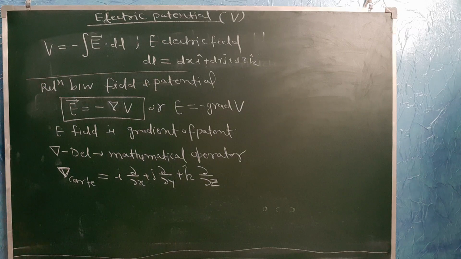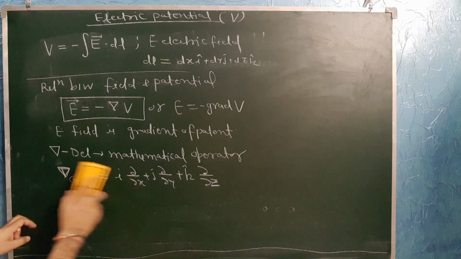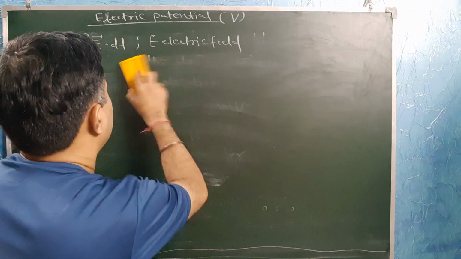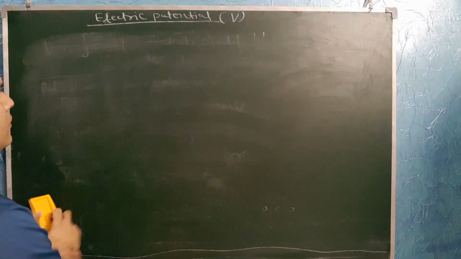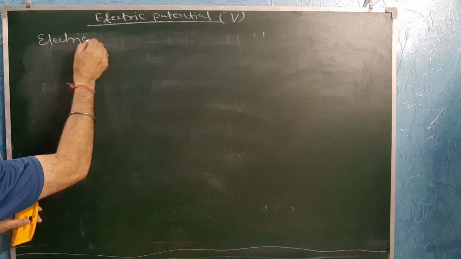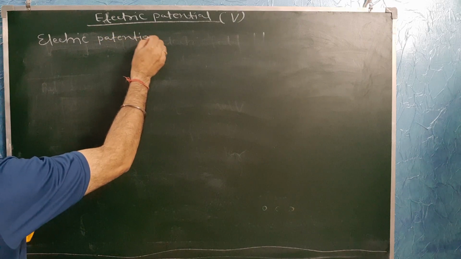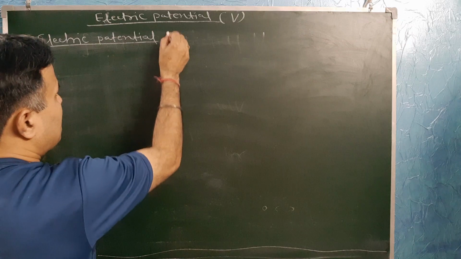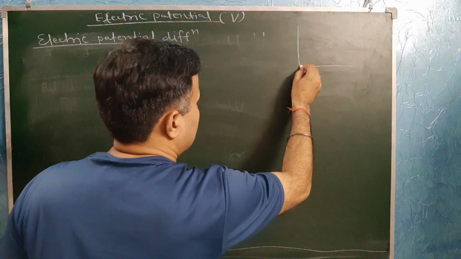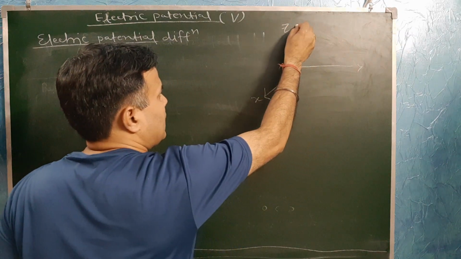Now, electric potential difference. If we have a situation like this, two points in space, with axes x, y and z.